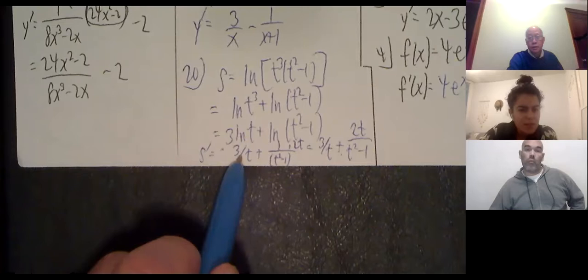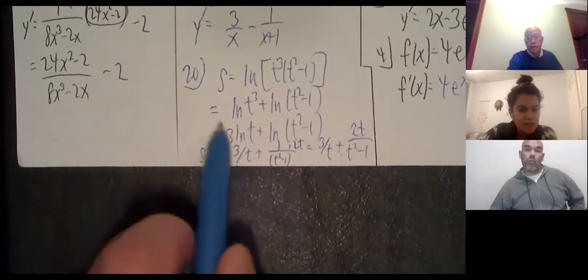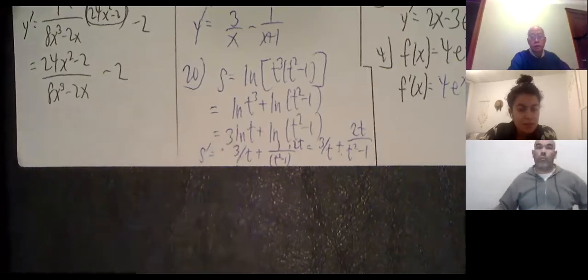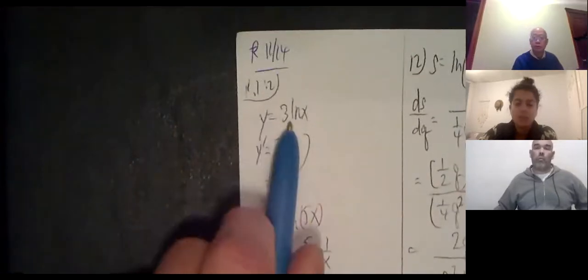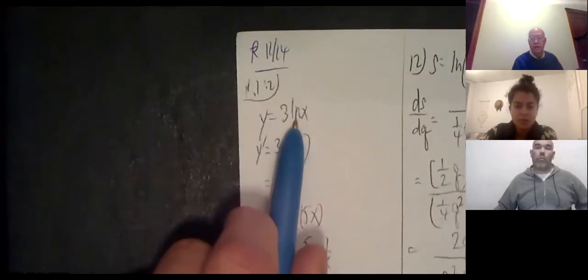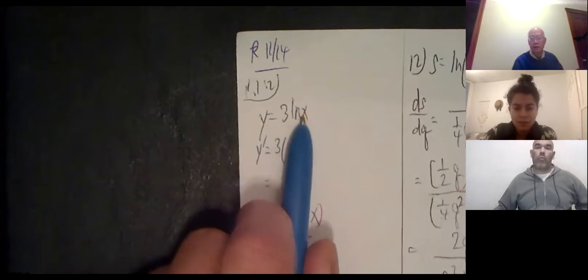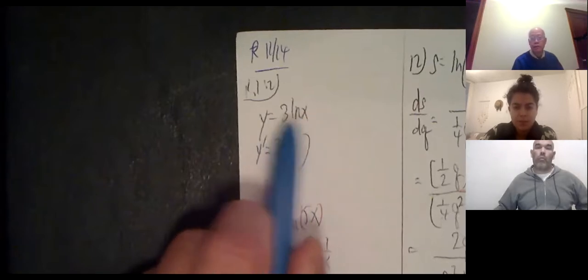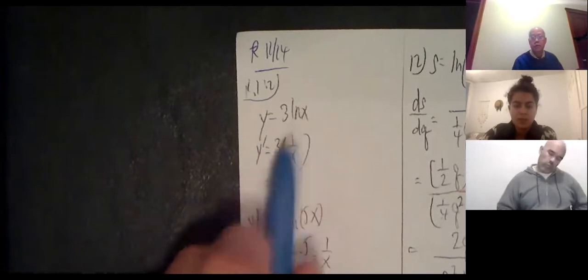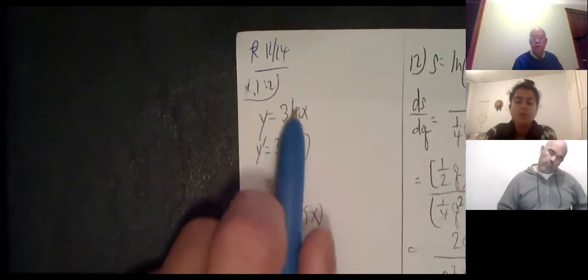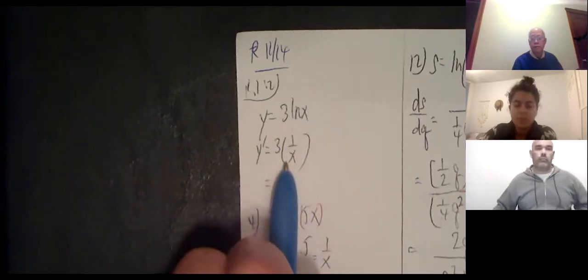Okay. Because 3 is the derivative? No, 3 is a constant. Or just think back to the first one I did. Number times a function. It's really the same as this one, except instead of a t, they have x. So the derivative of a number times a function is the number, 3, times the derivative of the function, 1 over x.